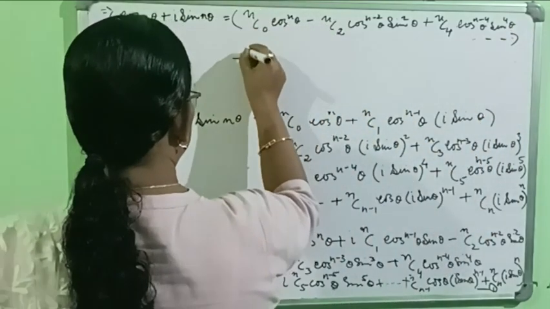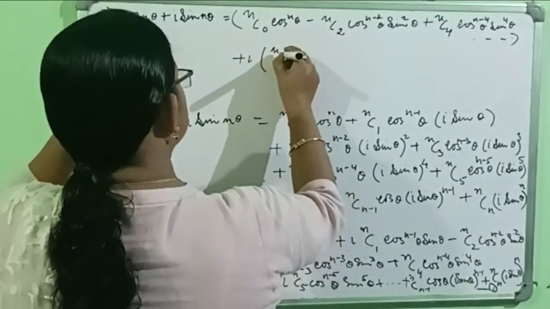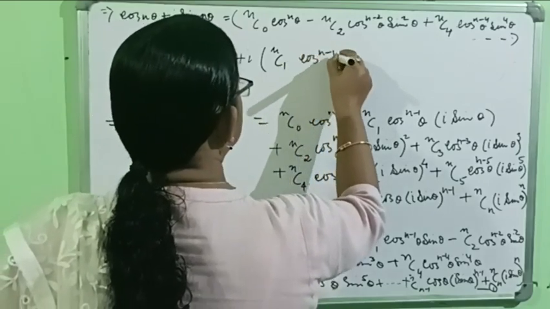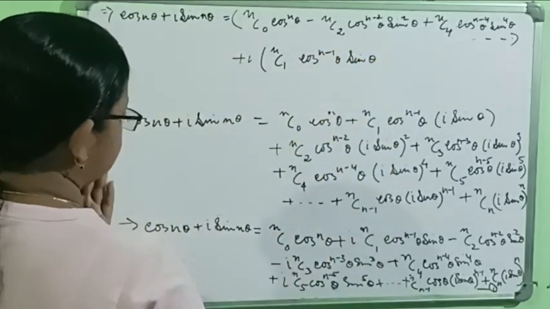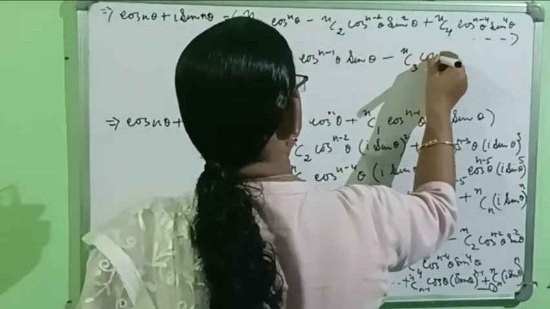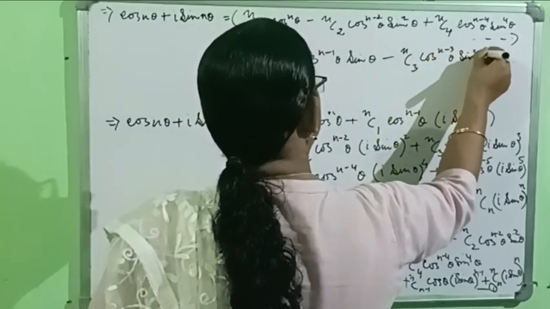Then write the imaginary part. The imaginary part will be nC1 cos^(n minus 1) theta sin theta. Then minus nC3 cos^(n minus 3) theta sin cubed theta.